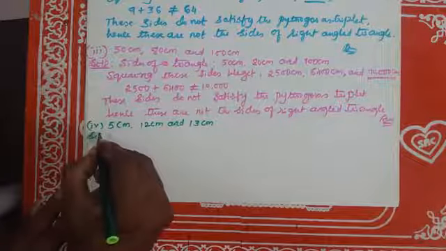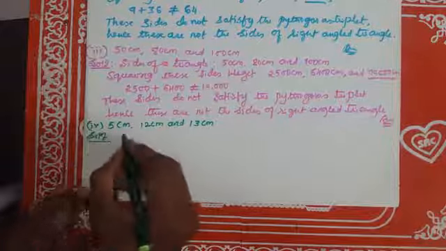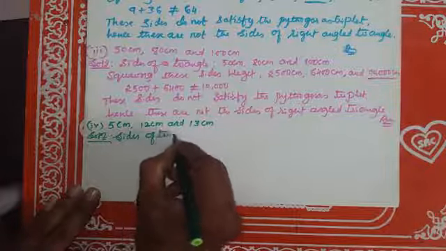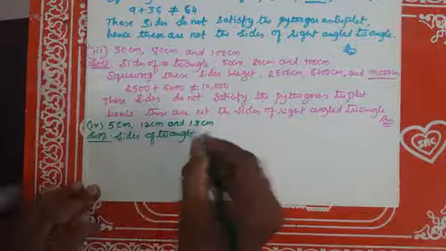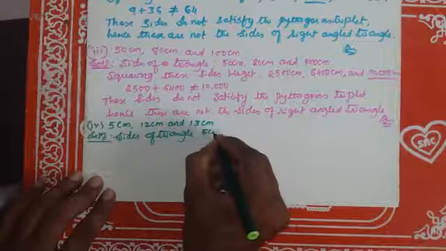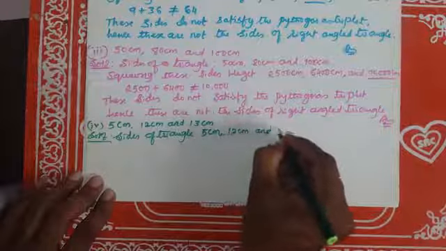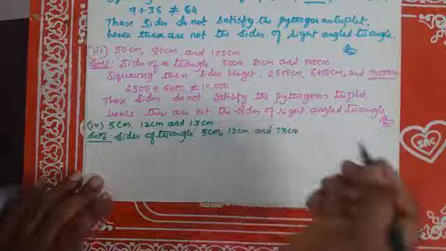Solution. Sides of a triangle are 5 centimeter, 12 centimeter and 13 centimeter.